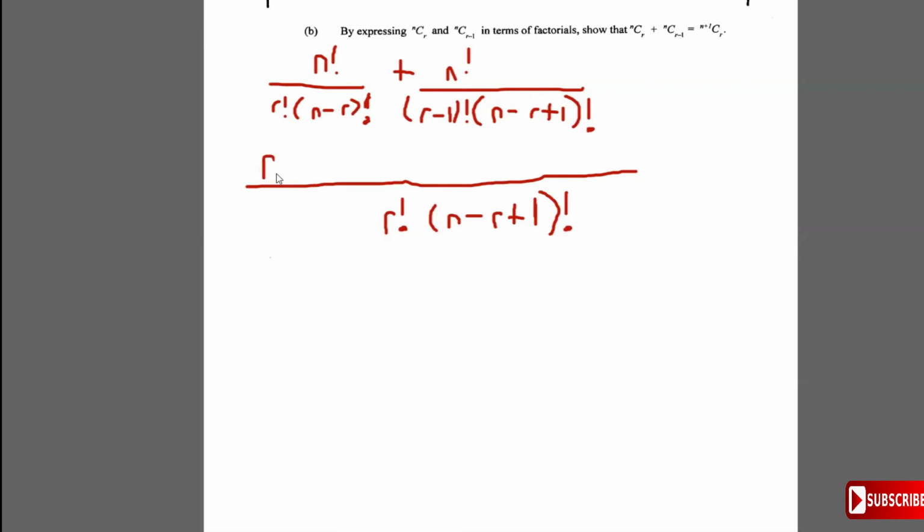So in the numerator, I'm going to have n factorial times n minus r factorial plus, this into this into this leaves n factorial times n minus r plus 1 factorial. I forgot the plus 1. Plus 1.